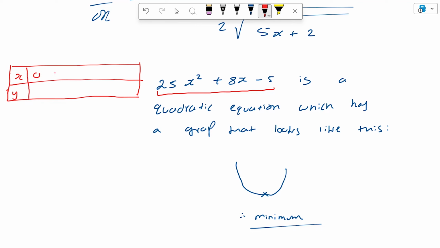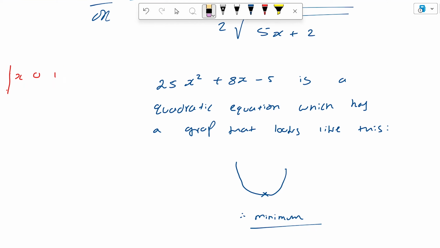So 0, 1, 2, 3, 4. By the way, this is going to be y is equal to. Okay, so you're going to plot the graph here, a rudimentary graph, and it should give you a basic form, which will help you gain some understanding on the nature of this graph.